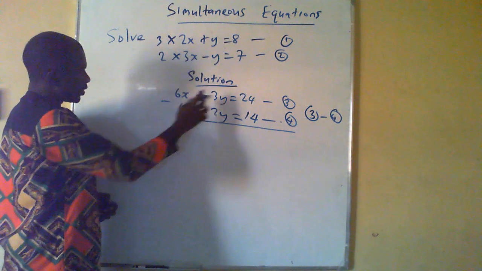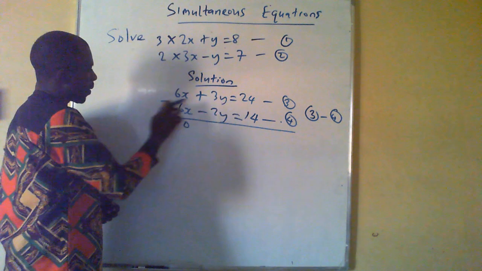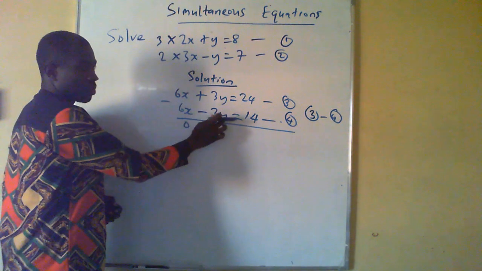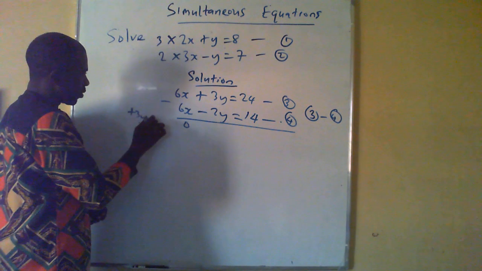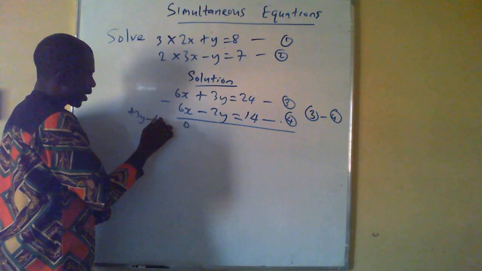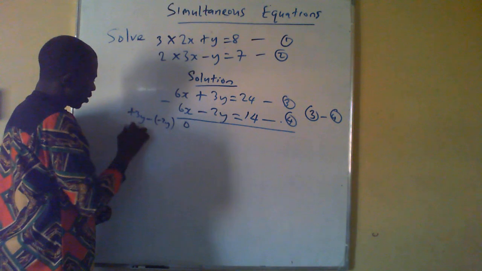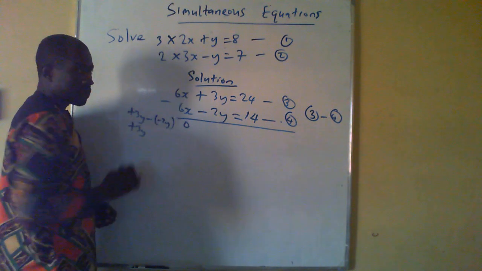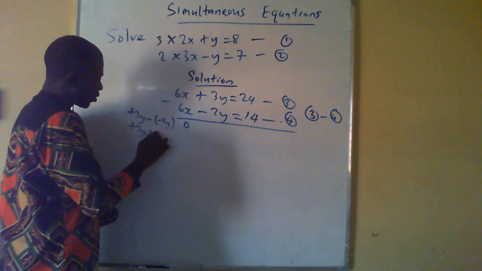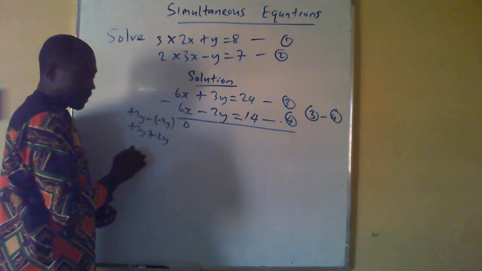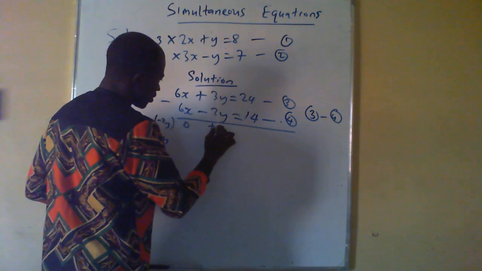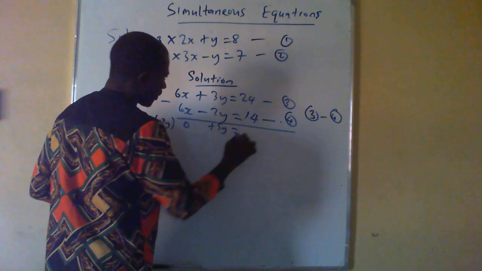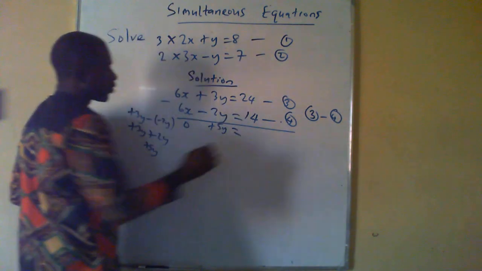And the next one is plus 3y minus open bracket minus 2y close bracket. Minus times minus is plus, then 2y. So we add them together, and this becomes 5y. So here we have 5y, then 24 minus 14.